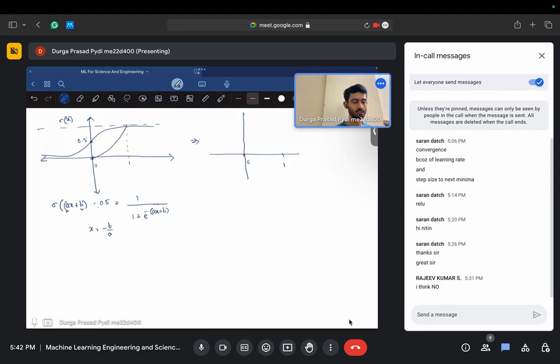By increasing or decreasing the value of A, you are changing the slope of this particular line. So if this is my original function, and I increase the value of A, then it will become something like this.